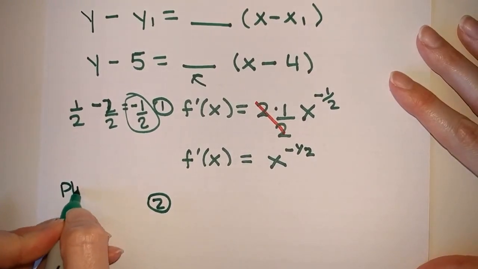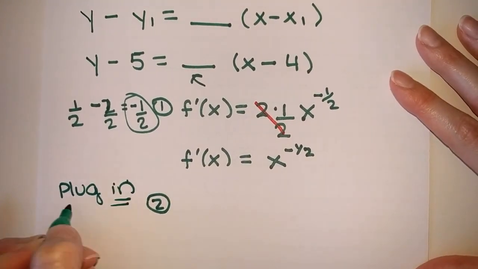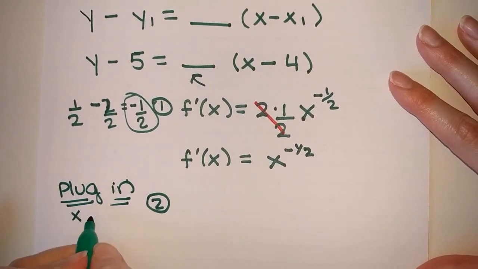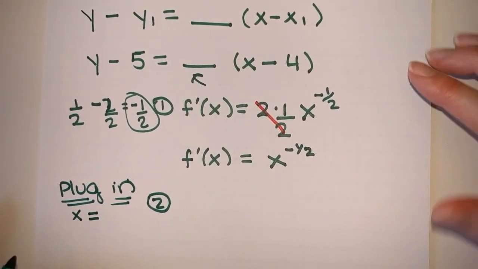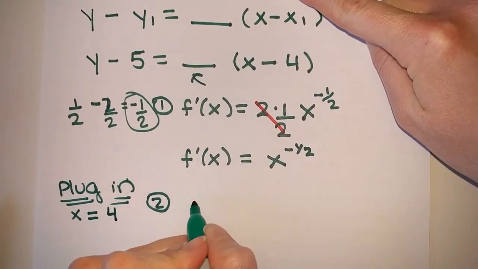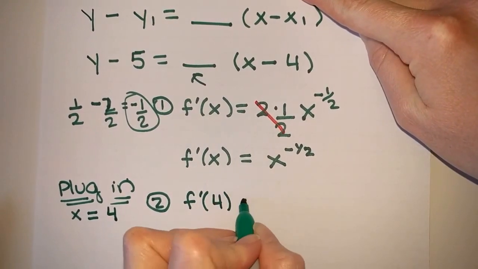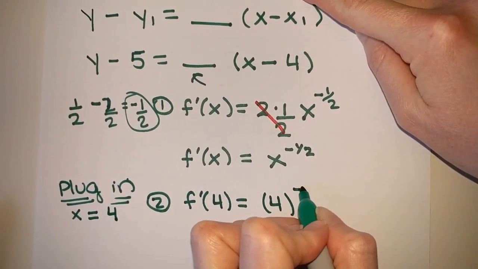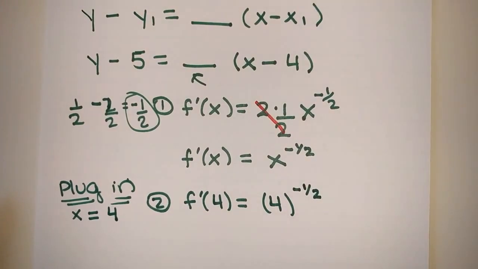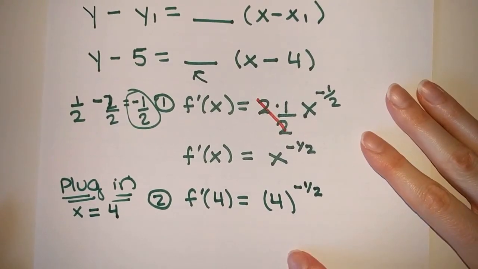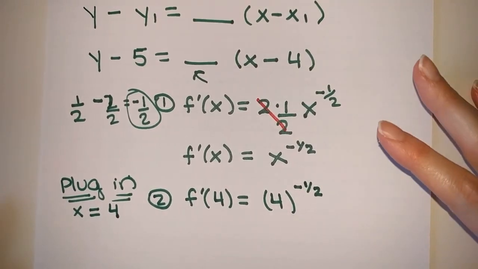So our second step after we find the derivative is we plug in our x value that was given. In this case, the x value that was given was 4. So we have f prime of 4 is equal to 4 to the negative 1/2 power. Now, sometimes people say, well, I can't do that unless I have a scientific calculator. You need to be able to do this with just a 4-function calculator.